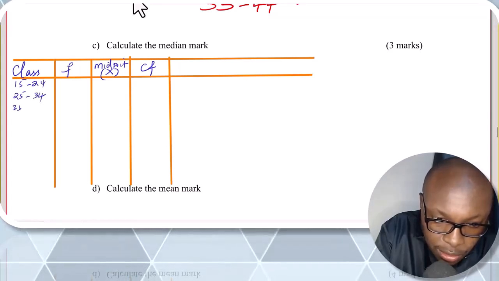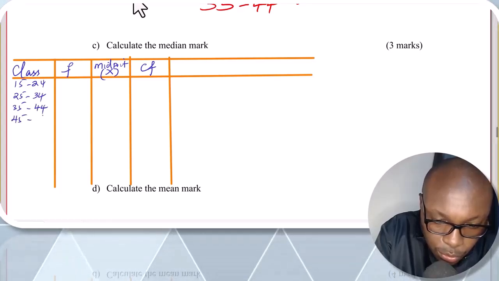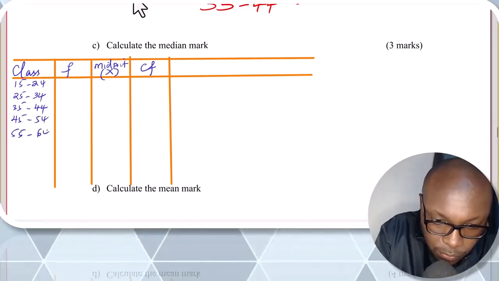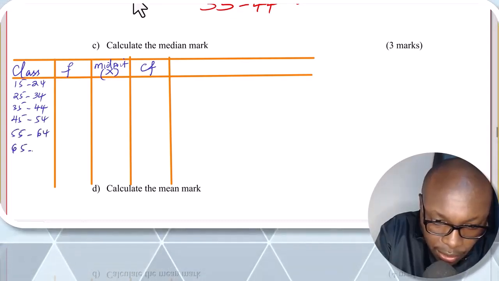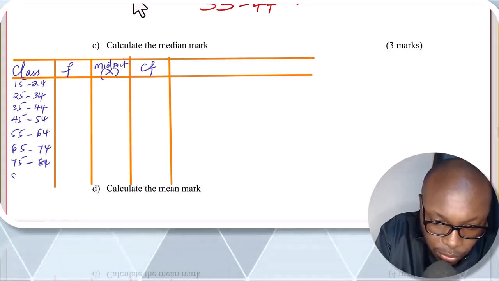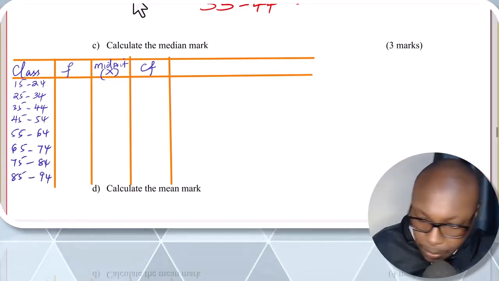The one is 35 to 44. The other one is 45 to 54. The other one is 55 to 64. Then 65 to 74. 75 to 84. Then 85 to 94.